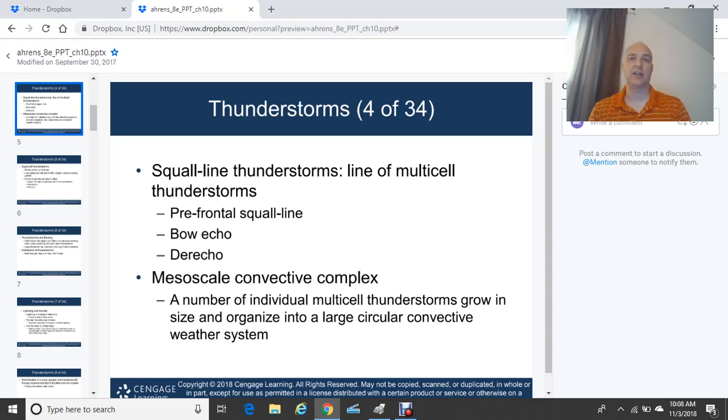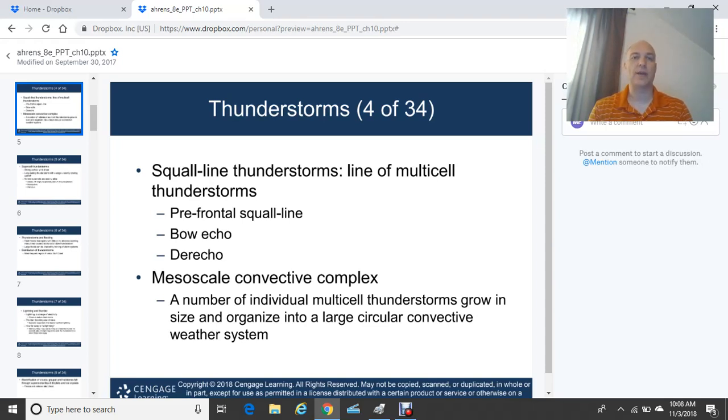It's called a notch on a bow echo, and it's on a radar reflectivity image. Now, a derecho is another very intense type of thunderstorm associated with squall lines, and it can produce some really damaging winds. Derechos are long-lasting lines of thunderstorms.